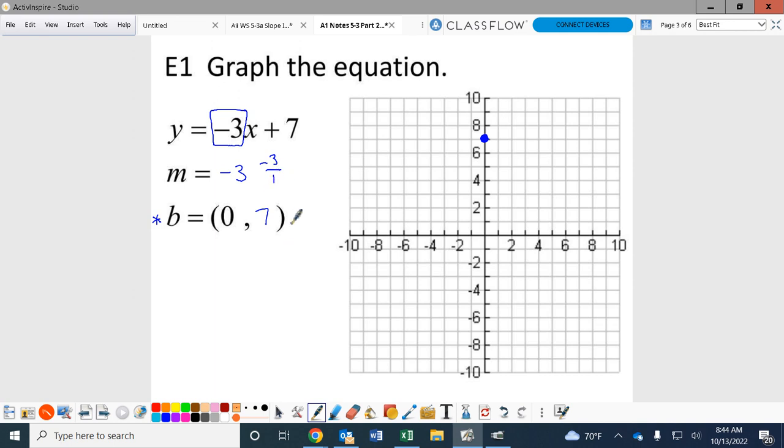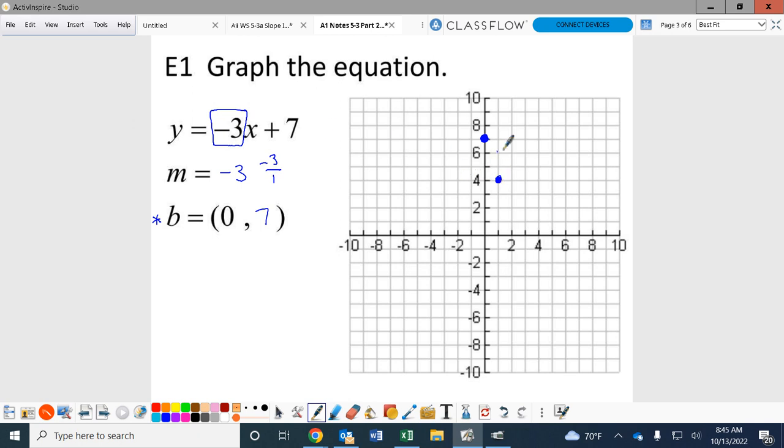If you have a slope, I would just automatically write it as a fraction when you're pulling it out because you're going to need to graph with it. So to go from here, you would go down 3 and to the right 1. Why did I go down 3? Because the top number is -3, which means to go down 3, and the bottom number is +1, which means to go to the right 1.